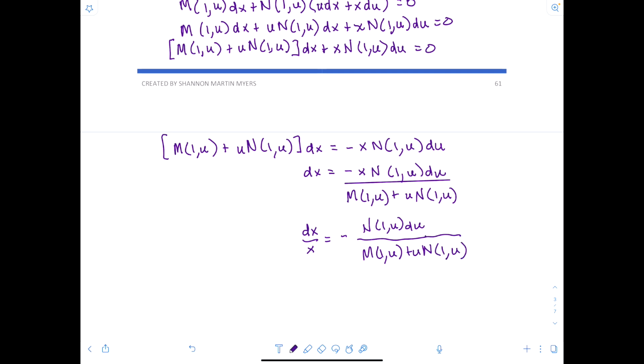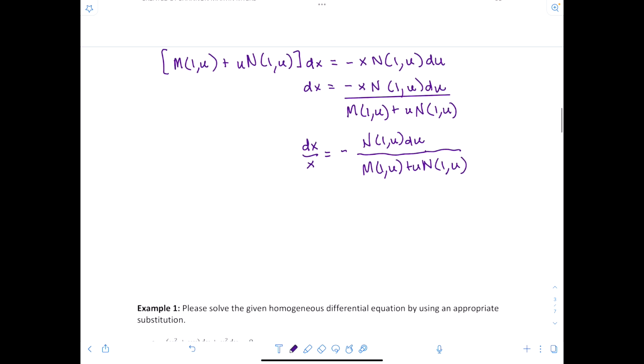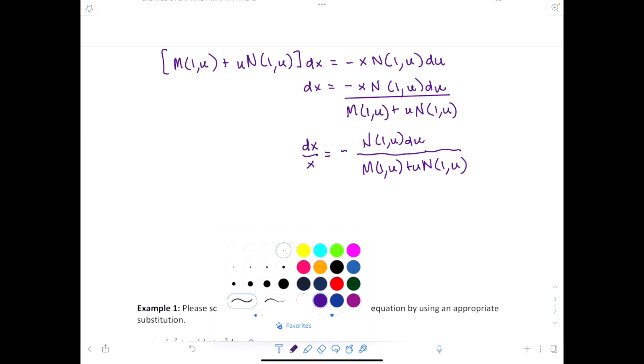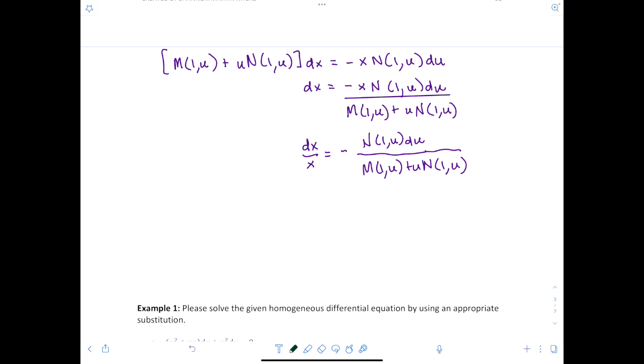So again, I really don't want you to memorize this. I want you to work through it each time, because otherwise it just won't make sense. I'm just showing you why. Now, similarly, if you did the substitution x equals v times y, you would have dx equals v dy plus y dv.